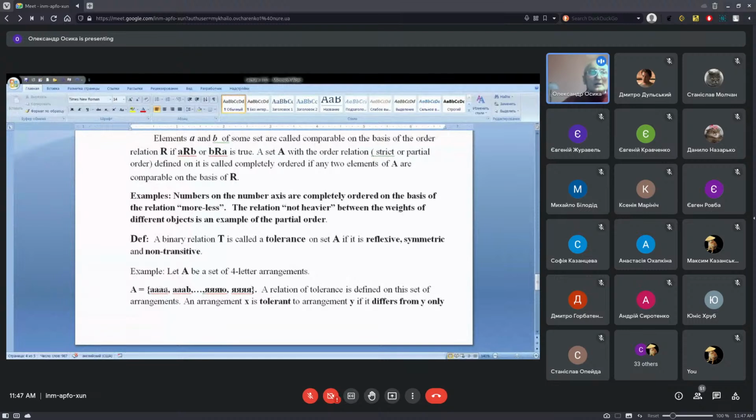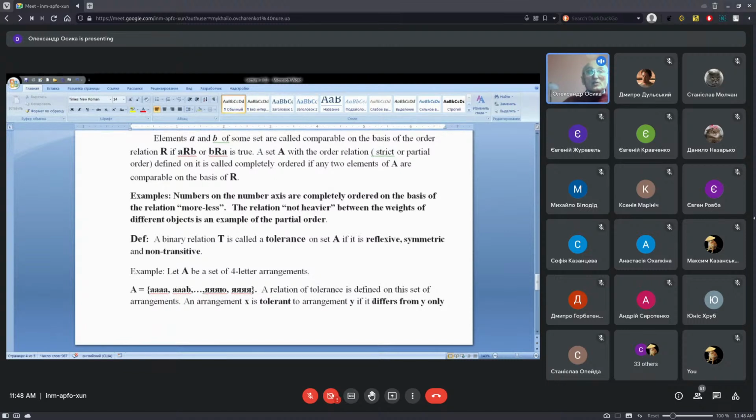A, comma, it is one 4-letter arrangement. B, it is another arrangement. And of course, A, B, A, it is another arrangement, and so on, because the sequence of elements is important to see the difference between such arrangements.